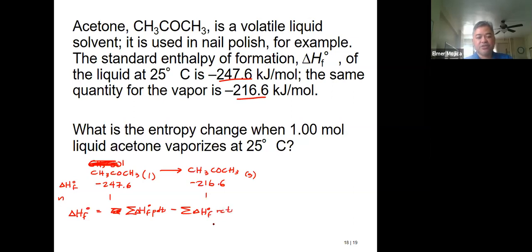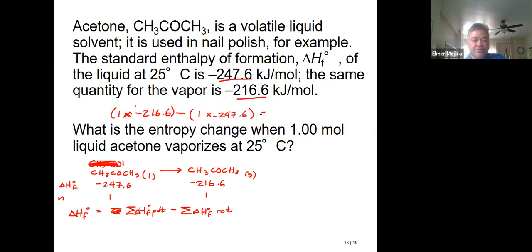So we're going to put there negative 216.6 minus, because you just multiply everything by 1. That's 1 mole. So 1 times negative 216.6 minus 1 times negative 247.6. So what do you get?